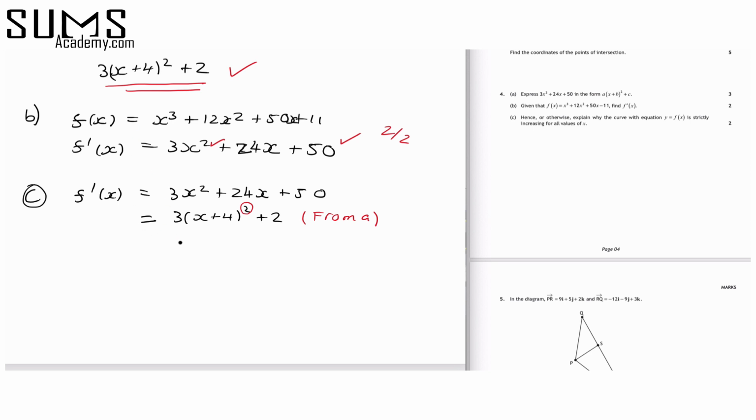So let's write: always positive, and that means that therefore f dash x is always going to be greater than 0 for all values of x.